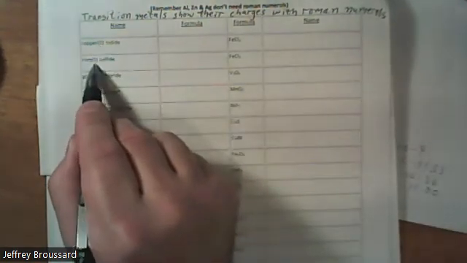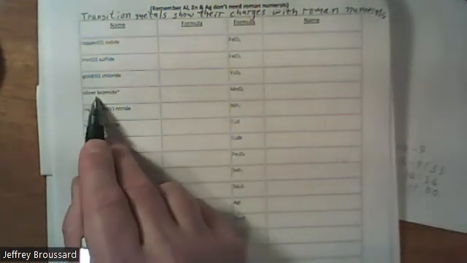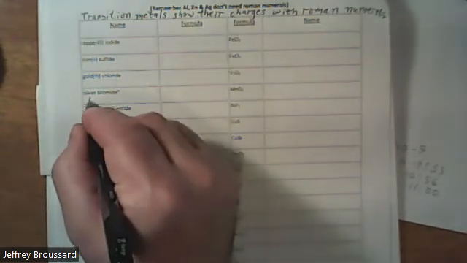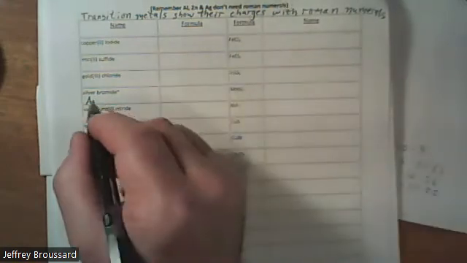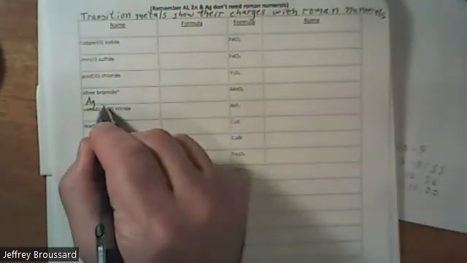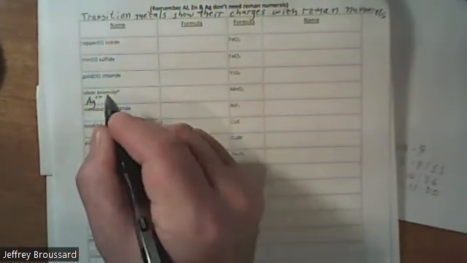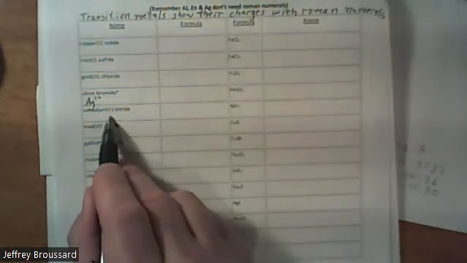That's a Roman numeral, that's a Roman numeral, that's a Roman numeral. There's none there because silver, which is Ag, generally has a charge of 1 positive. So when we go to do this, we're going to write 1 positive there. We'll come back to that as we go through this. But anyway, that's a Roman numeral.